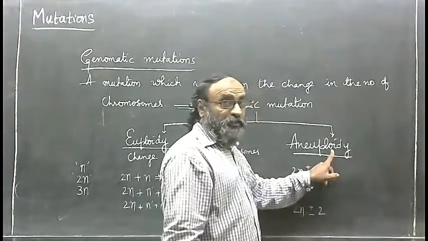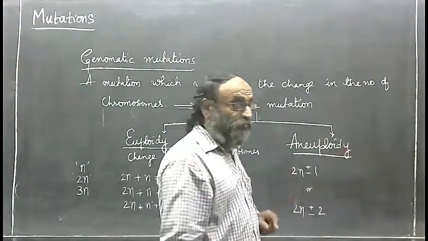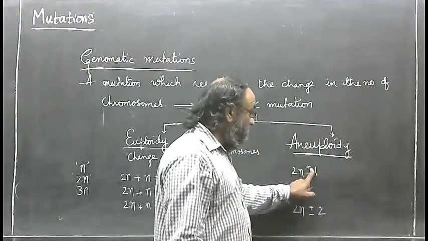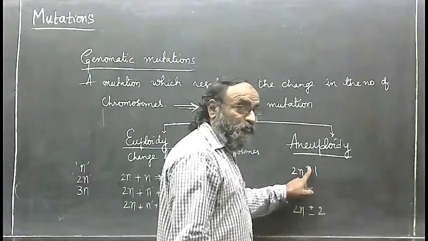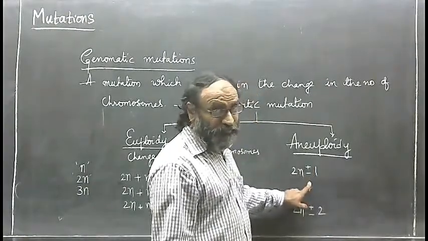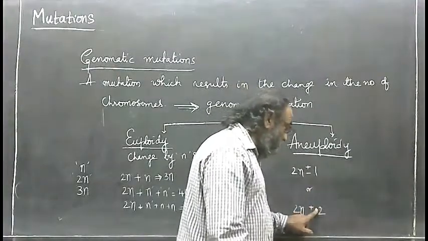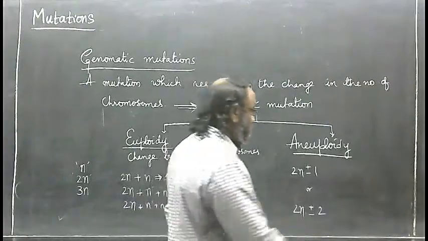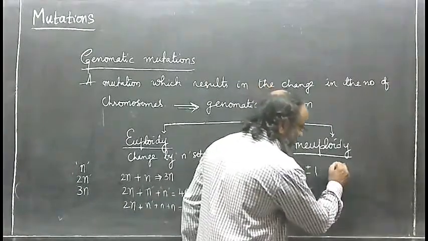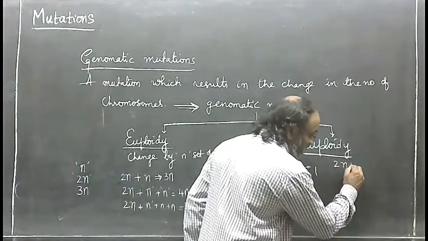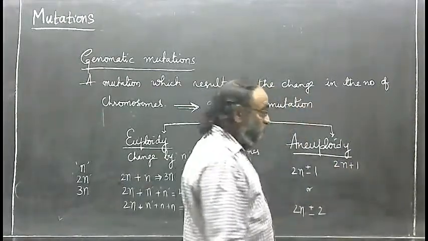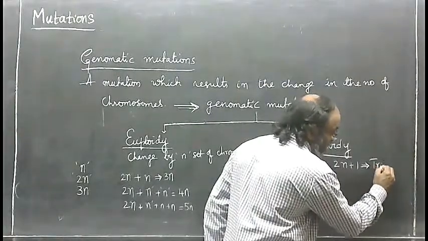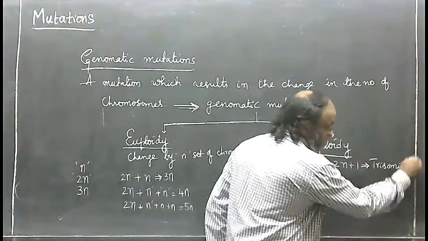In aneuploidy, there is change in the number of chromosomes, not by n set, but by addition of one chromosome or deletion of one chromosome, or addition of two chromosomes or deletion of two chromosomes. Say for example, if it is 2n plus 1, then the condition is called trisomy, the trisomic condition.